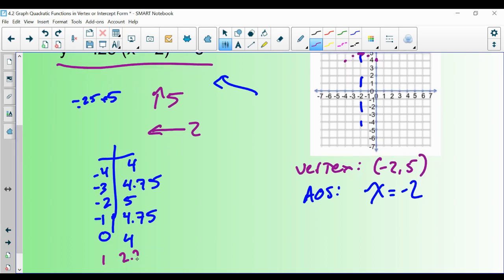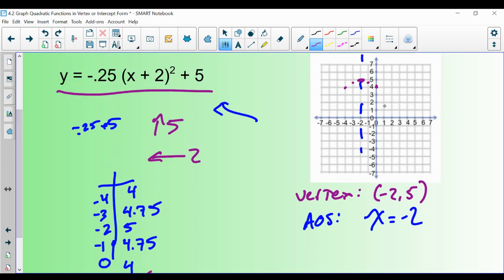So I just think my graph will be more accurate if I have some additional points. 1, 2.75. And then I can reflect that to the other side at negative 5, 2.75. So I do just feel slightly better about that, and that's what I'm going to go ahead and use. So now as you can see, this graph is just a lot wider. So there's my parabola.